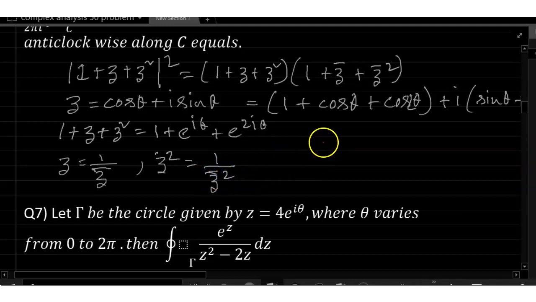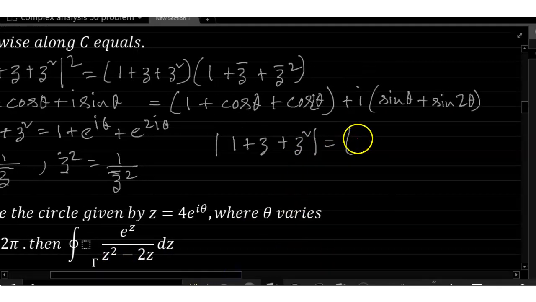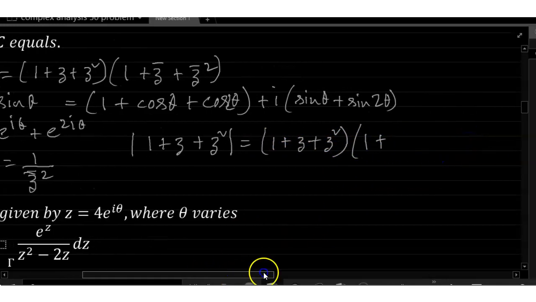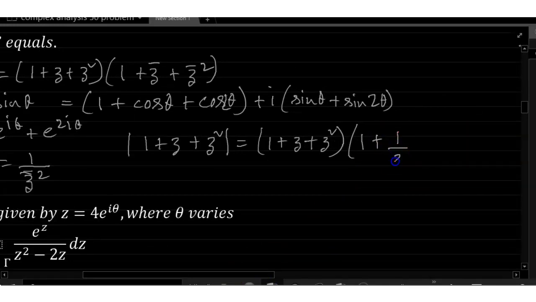Okay, so mod of 1 plus z square equals 1 plus z square into 1 plus 1 by z plus 1 by z whole square.